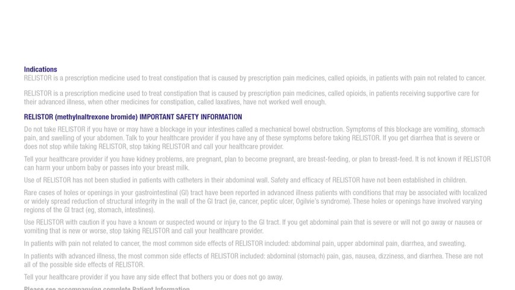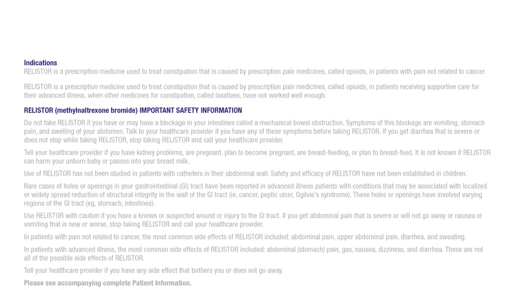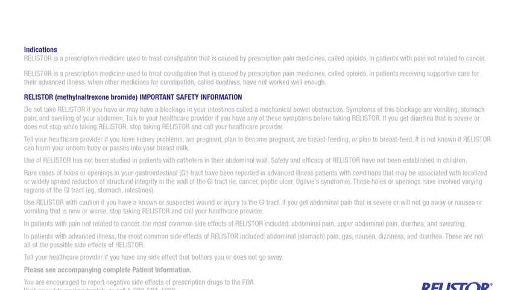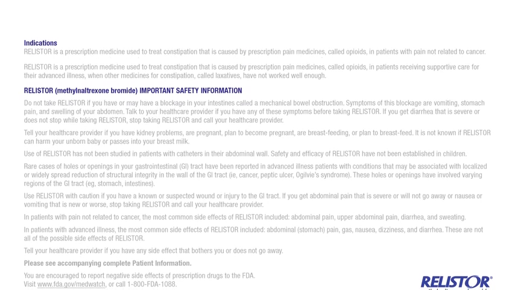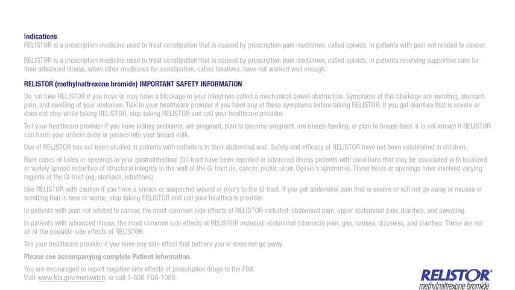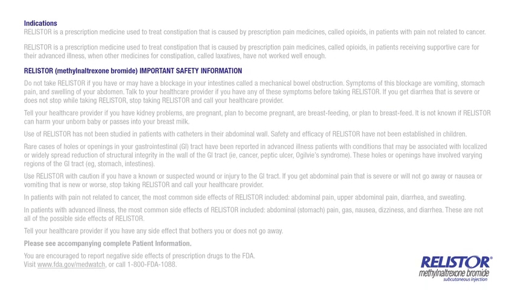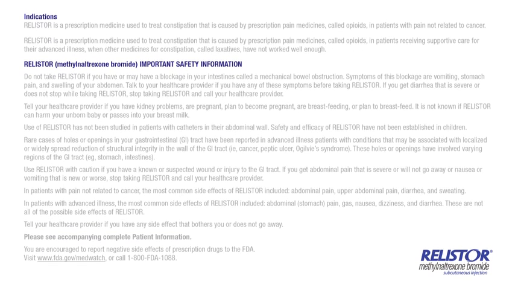If you get diarrhea that is severe or does not stop while taking Relistor, stop taking Relistor and call your healthcare provider. Tell your healthcare provider if you have kidney problems, are pregnant, plan to become pregnant, are breastfeeding, or plan to breastfeed. It is not known if Relistor can harm your unborn baby or passes into your breast milk.